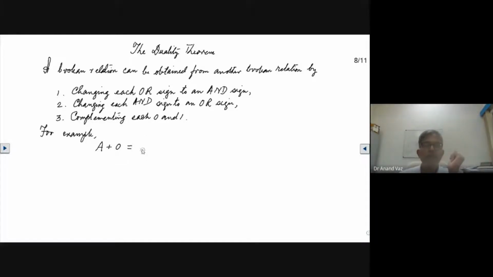We know that A or 0 is equal to A. And if we apply this duality theorem to this Boolean relation, you will get A and 0, where 0 has to be complemented to 1, which is equal to A. So you can see here we have a Boolean relation, and here we have a dual relation.